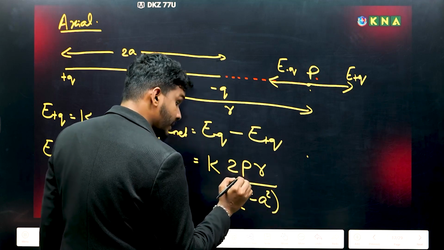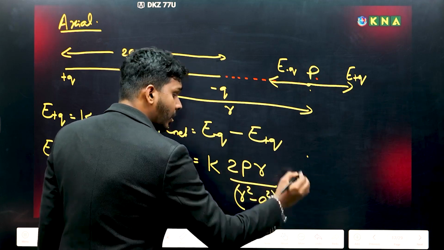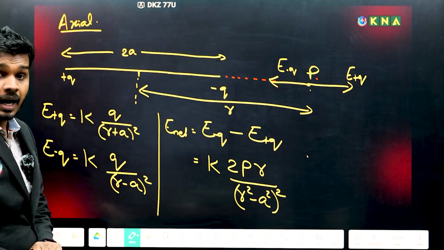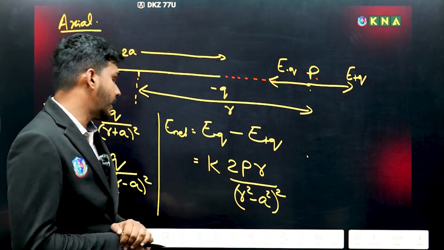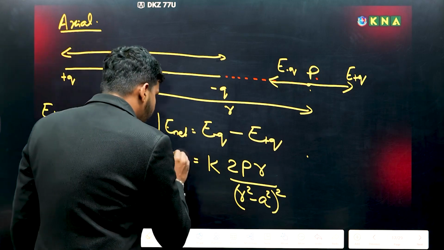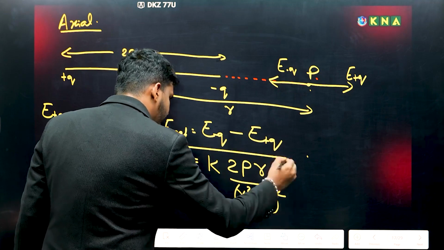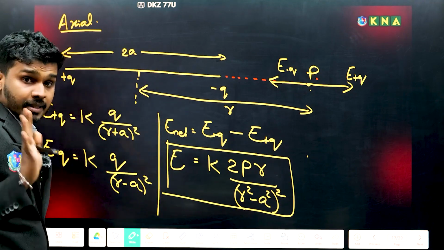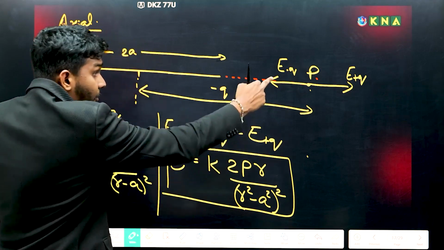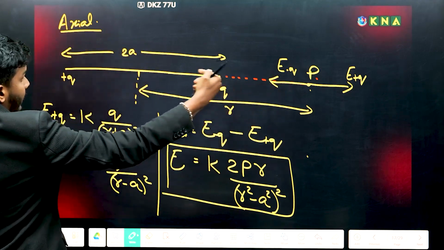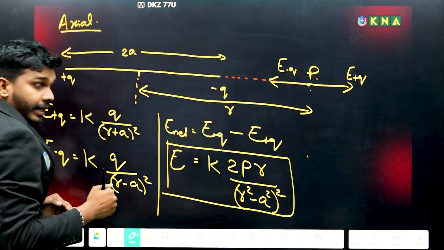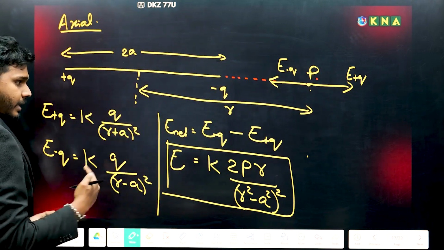This is the electric field at the axial line. At the axial line, just understand how to take the direction: for plus Q it is away from plus Q, for minus Q it is towards it, and the net is large minus small.